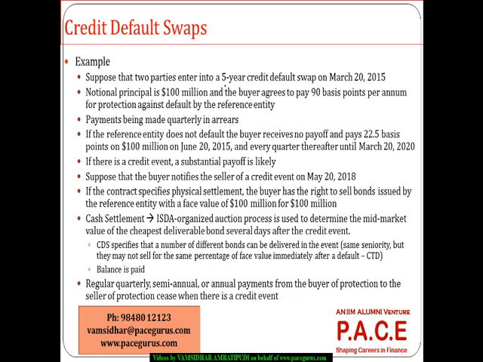Suppose two parties enter into a 5-year credit default swap on March 20th, 2015. The notional principal is 100 million. The buyer agrees to pay the CDS spread: 90 basis points per annum for protection against default by the reference entity.